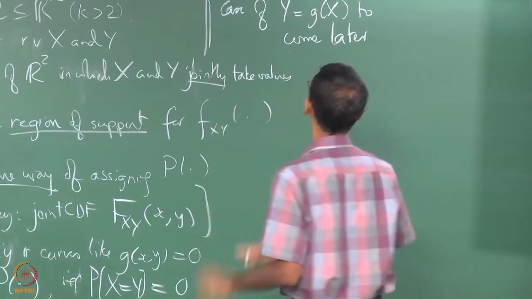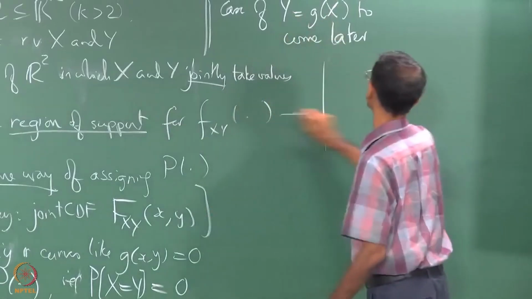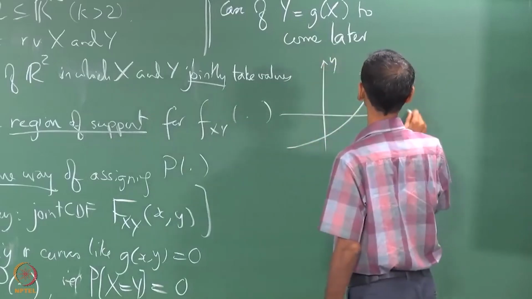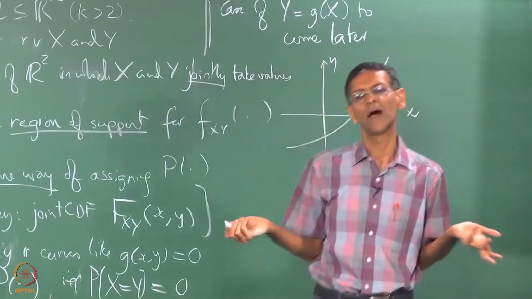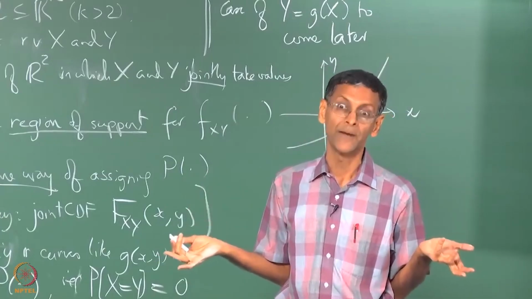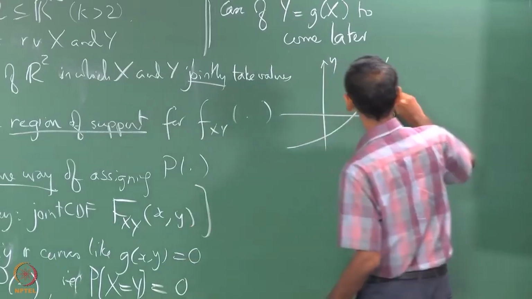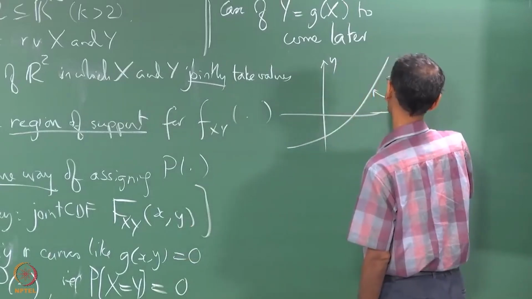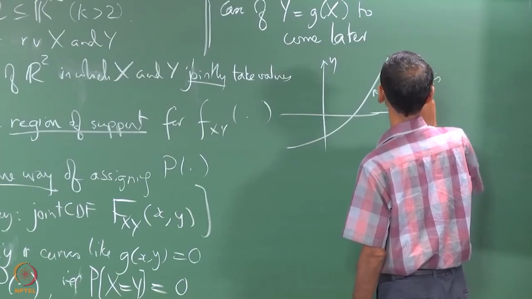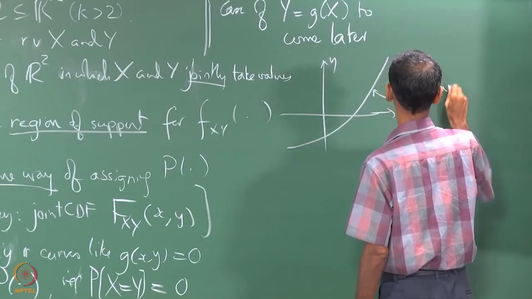But one thing to remember: if Y is g of X, that means your entire probability is concentrated on this line. There is no probability elsewhere, because omega_XY automatically has zero area. So all probability is concentrated on this line, or this curve, shall we say, in general.